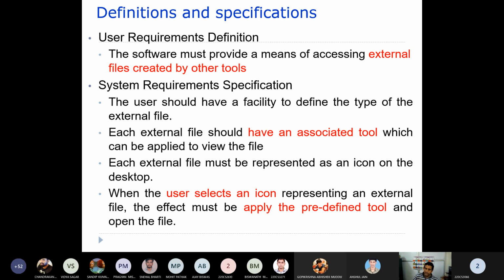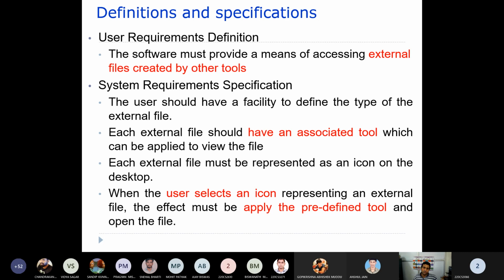Now you see this is a detailed description of the specification, but the user requirement portion is not that detailed, because it is only meant for the user. The user understands this only. The user may not be able to understand these detailed things, but these requirements should be provided in this fashion because it is closer to the development side.